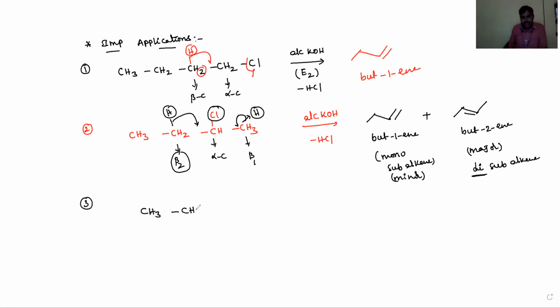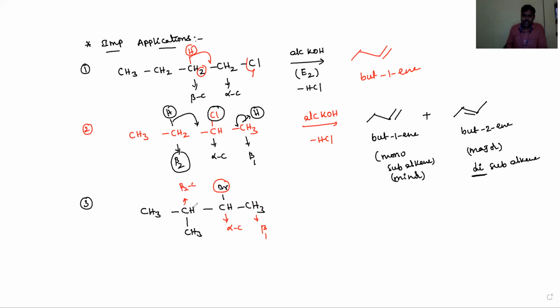The example is CH3, CH, CH3, CH, Br, CH3, like this. If you observe, the carbon attached to the halogen, bromine, is the alpha carbon, and the right side CH3 group is the beta1 carbon, and there is one more beta carbon, the beta2 carbon, present here.